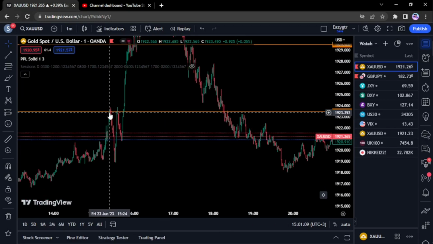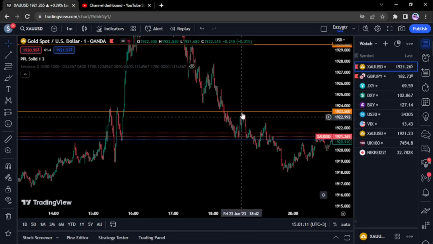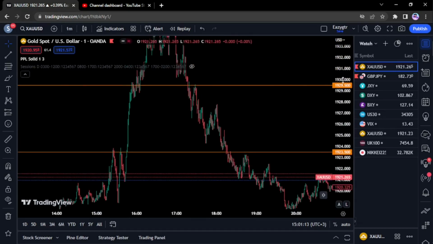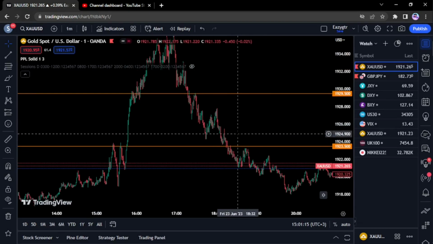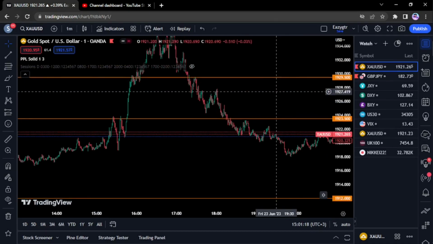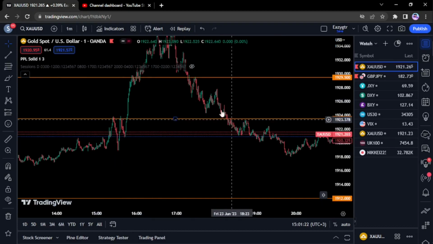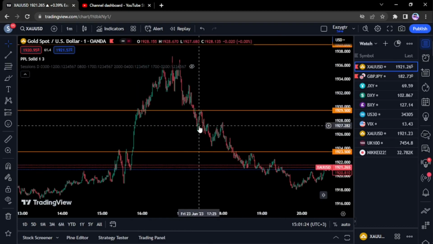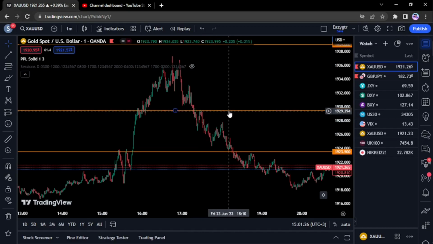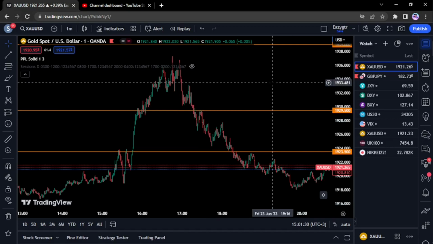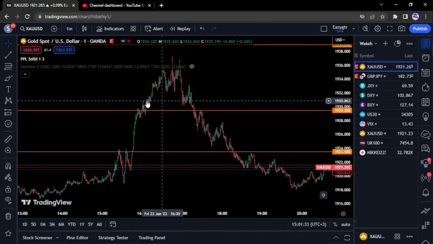So I just look to enter here. You can see how beautiful it touches the key levels, but only if you understand fundamentals. So on Friday we didn't expect buys, so we took our 50 pips, took more sells at this breaking of the 1929.500 key level. So understanding the market structure and the price points of interest is really important.